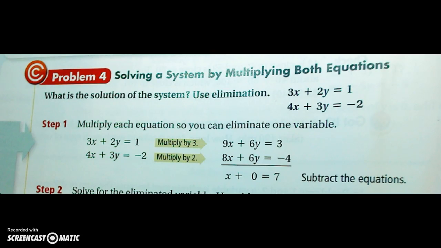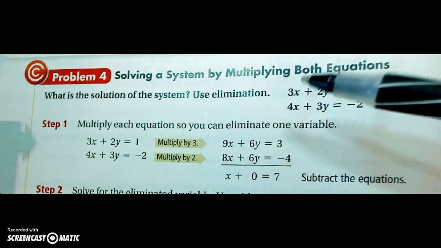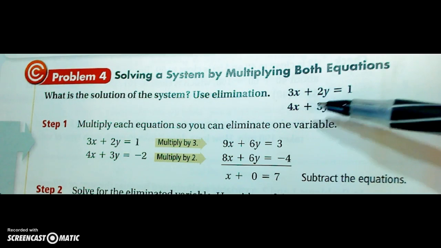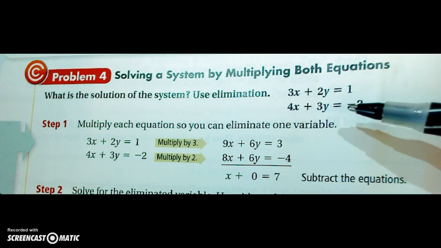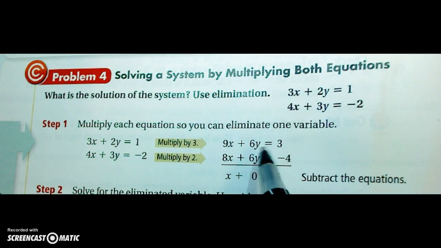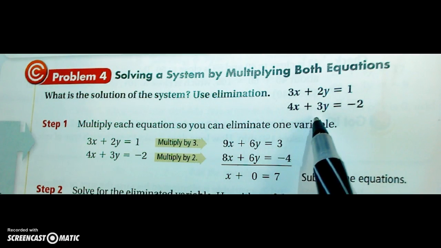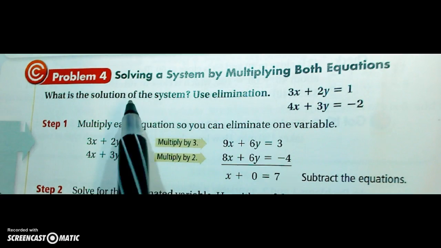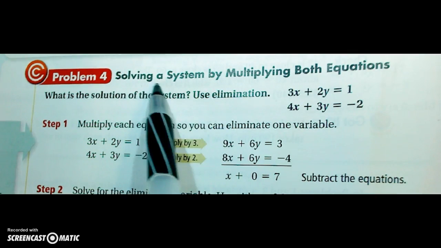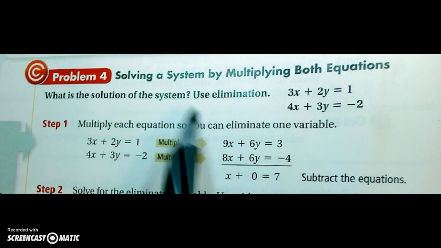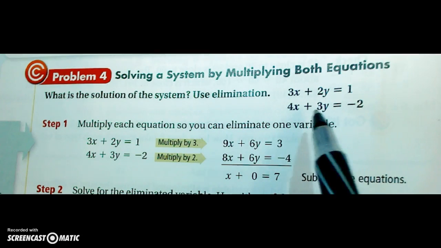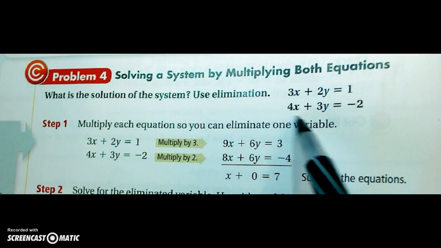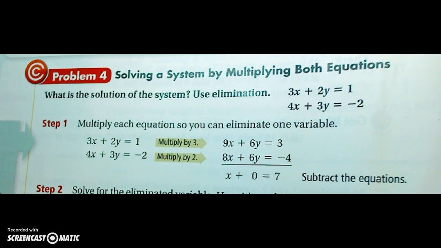Okay, sometimes we're not going to see an obvious number to eliminate. We can't just say, oh, we just have to multiply by 3 like the last problem. So, solving a system by multiplying both equations. If we look at this, we see that there's nothing we can just easily add or subtract. We can't just multiply one equation, so we have to multiply both equations.